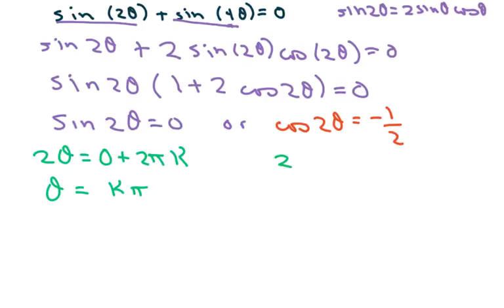And this side we're going to set 2 theta equals... We know where cosine of 2 theta is negative 1/2, at 2 pi over 3 and 4 pi over 3.